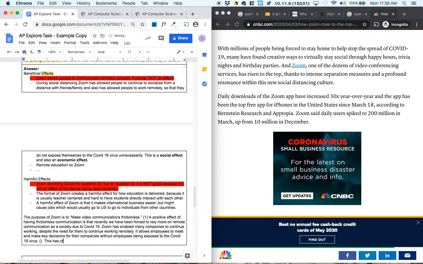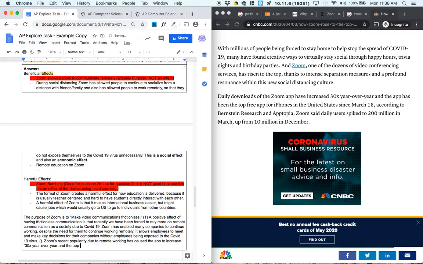This has created major economic effects. Zoom's recent popularity due to remote working has caused the app to increase 30x year over year, and now I'm taking the language directly from the article here.